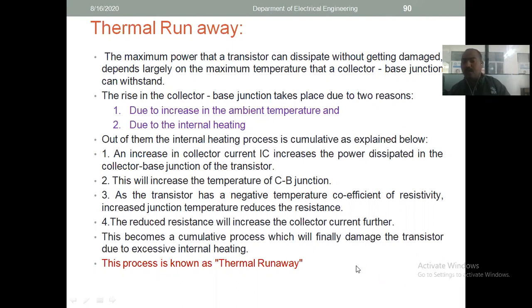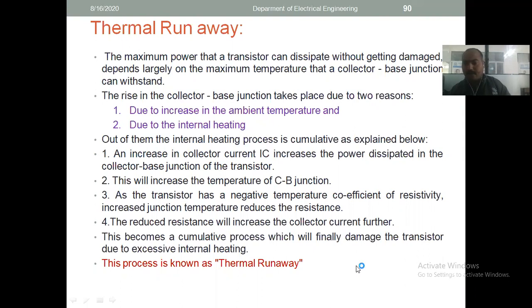See, we have applied the input to the base and we got the output across the collector, so it is the base collector region. Due to applying voltage or current, the current flowing through the collector base junction increases. This causes the temperature of that junction, the collector base junction, to also increase. Why?